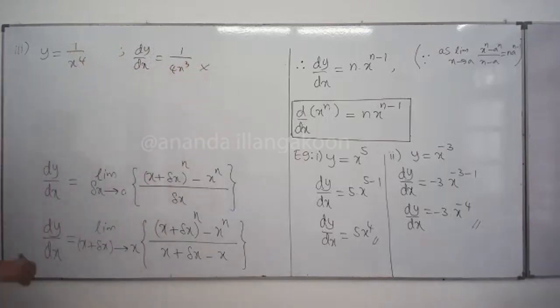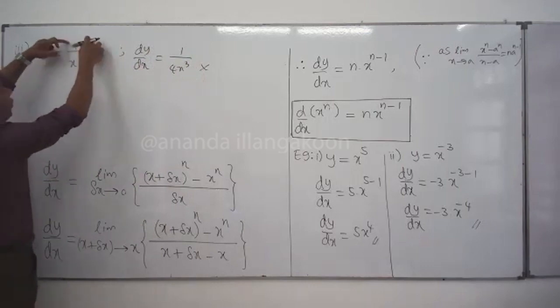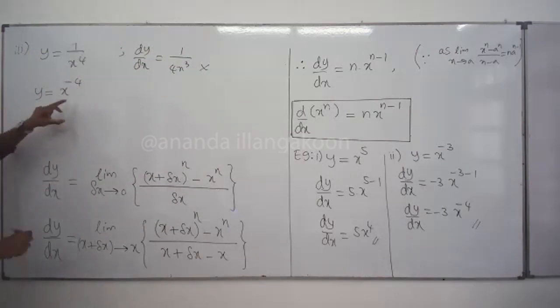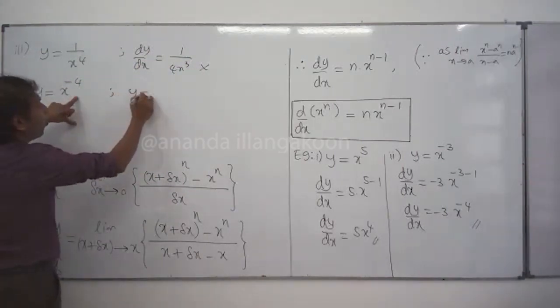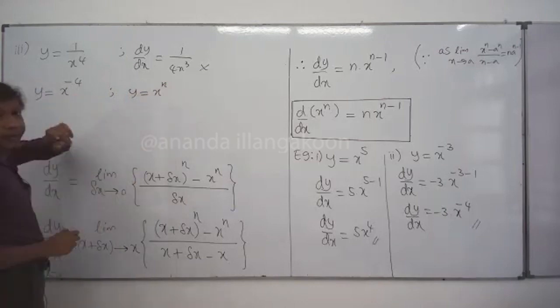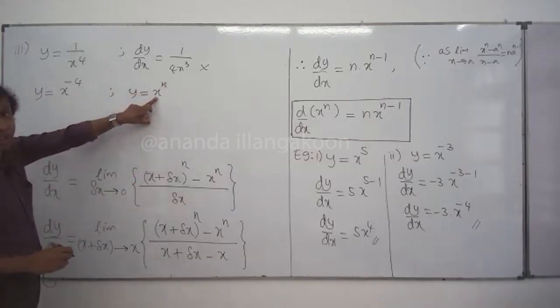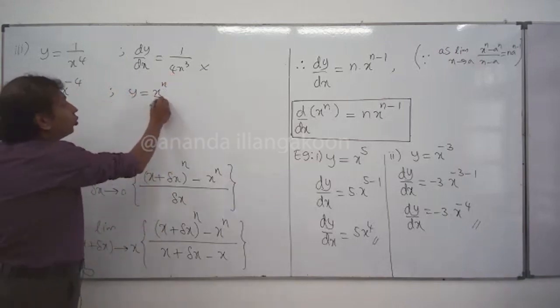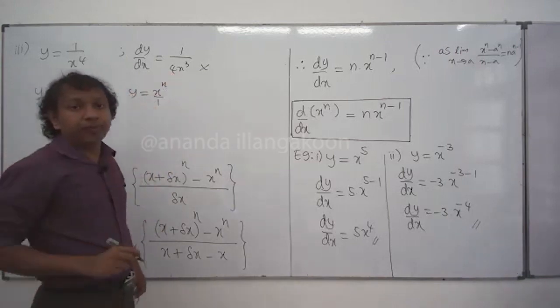What you have to do first, people, is bring this x to the power 4 to the numerator as x to the power minus 4. Now only this is available in the form y equals x to the power n. People, in this case, when we proved the theory, this x to the power n should be at the numerator. Denominator should be 1.